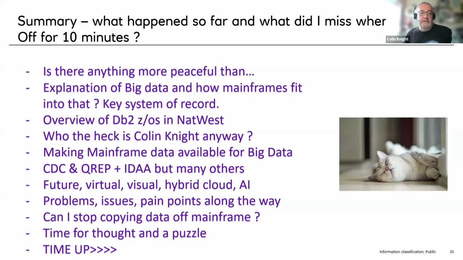We looked at an overview of how DB2 operates in NatWest. We also looked at how we make mainframe data available for big data in NatWest and tools for the trade like CDC, QREP, IDAA, and there's others as well, unloads, HPU, all of that.